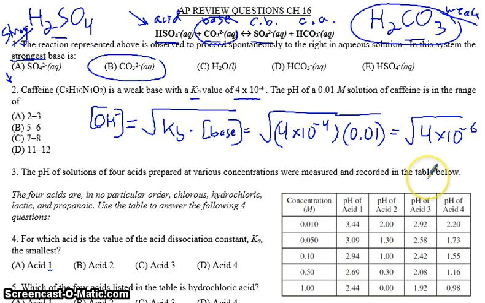Now, square rooting 4 is easy enough. Square root of 4 is 2. And then the square root of 10 to the negative 6 is actually 10 to the negative 3rd, which may sound a bit confusing, but square rooting something is actually raising something to the 1/2 power.